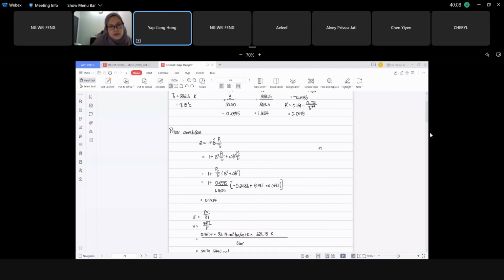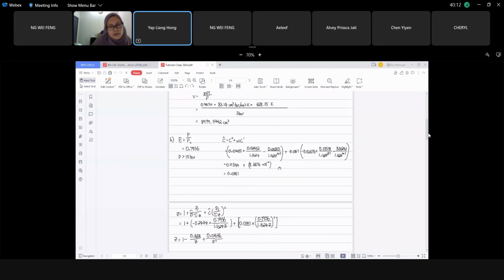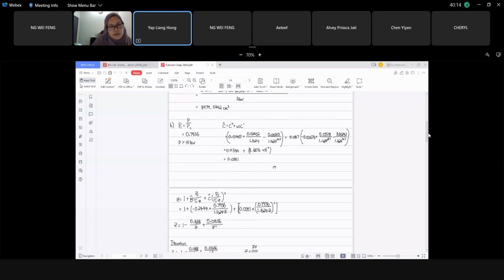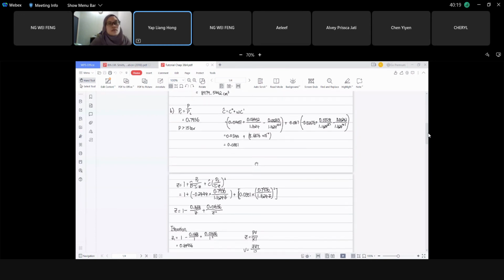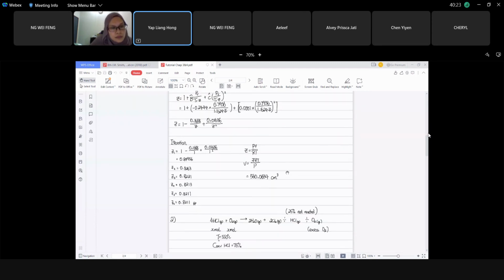Okay, for the B, I use the third virial equation. I'm not sure okay or not, but this is what I get lah. I also forgot more.